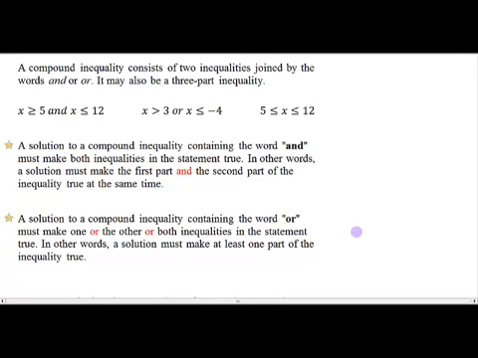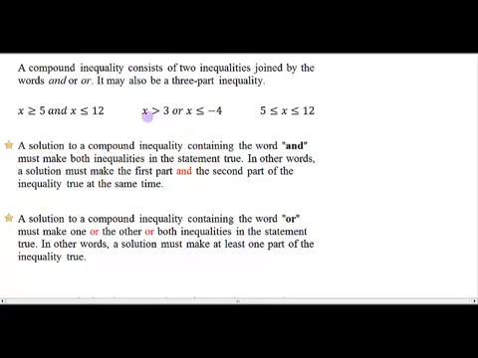Now a solution to a compound inequality containing the word or must make one or the other or both inequalities in the statement true. In other words, at least one part of the inequality true.